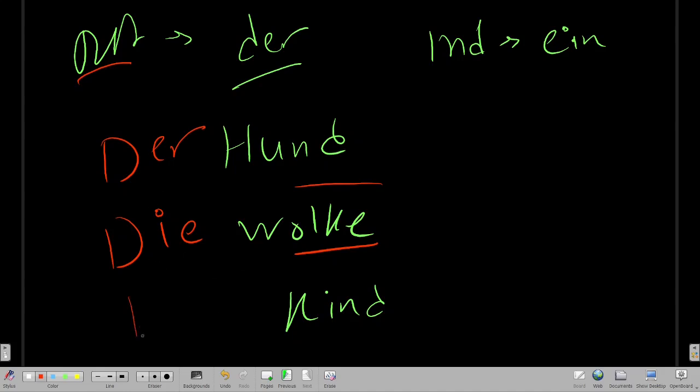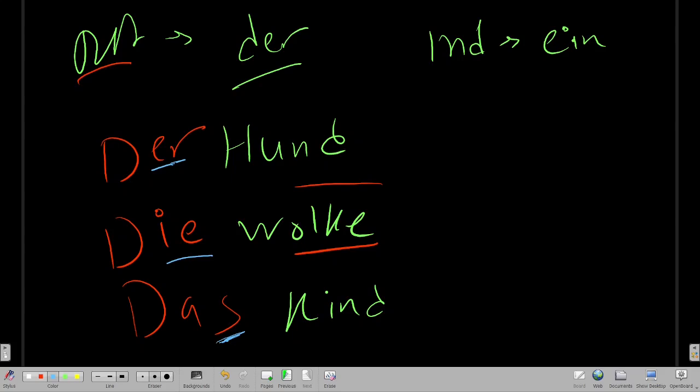The last one, Kind, would take "das." Notice something? So the dog ends in, let me take blue, in R, ER to be exact. It shows that it's masculine. For the feminine, it took E, and S is appearing for the neuter one.